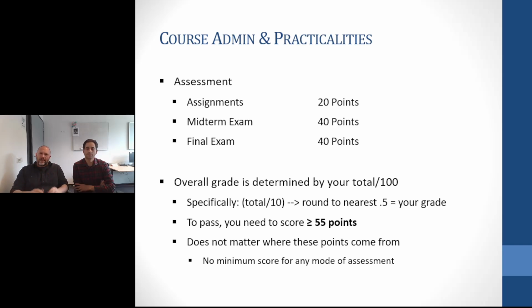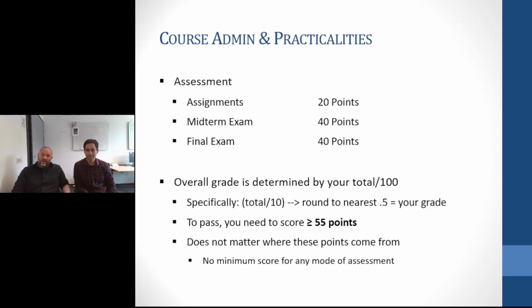To pass the class, you need to score 55 points or more. And the important thing with this is it doesn't matter where those 55 points come from. So in theory, you could get 20 points on the homework assignments, 20 points on the midterm, and 20 points on the final, and touchdown Jesus. That's 60 points.